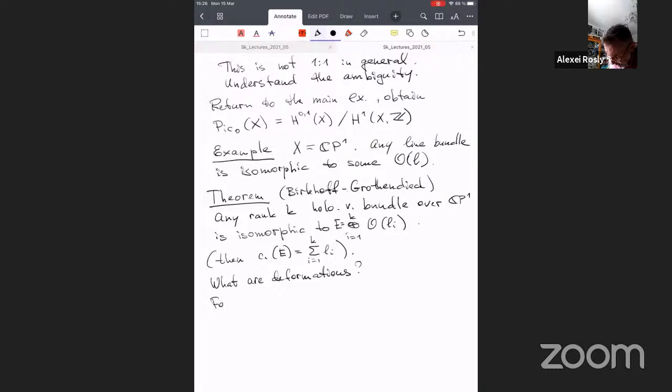For a line bundle O(L), the endomorphism space is, as always, a trivial bundle, and the infinitesimal deformations are therefore trivial.